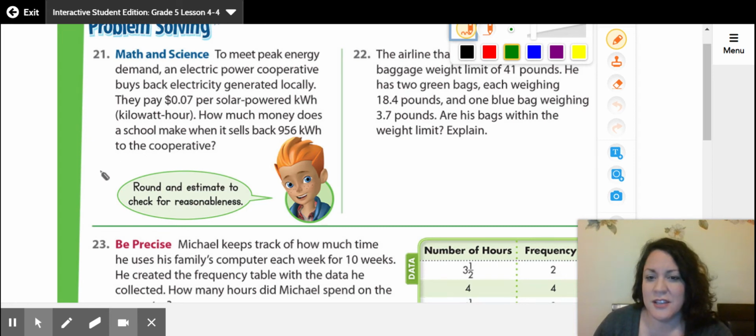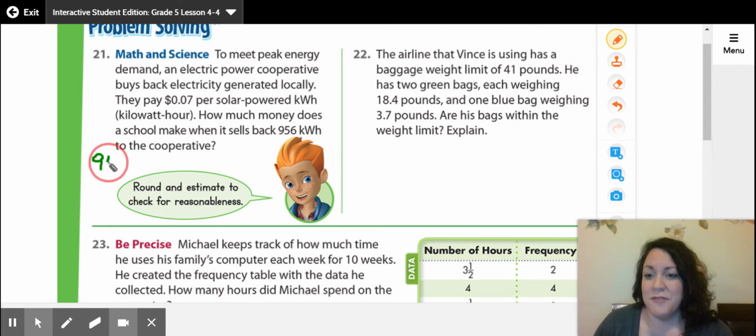So let's just take this problem and say we know it's going to be multiplication. 956, you already know, times 7 cents. But we don't do 7 cents, it's 7/100ths of a dollar, because you know there's 100 pennies in a dollar.